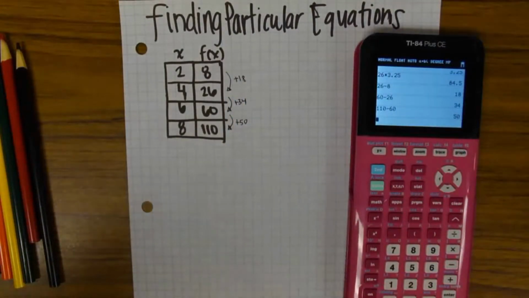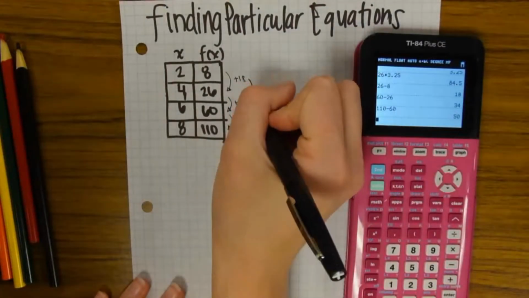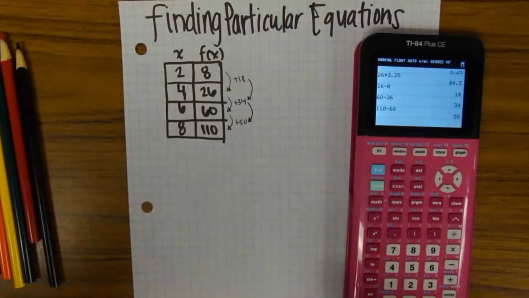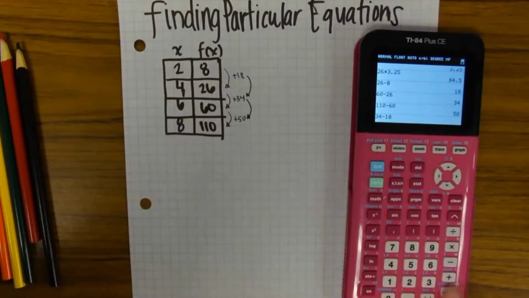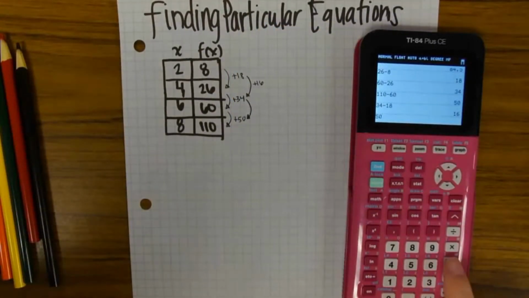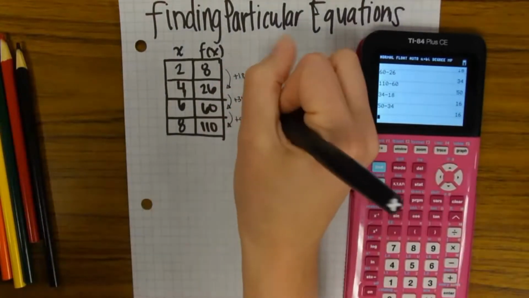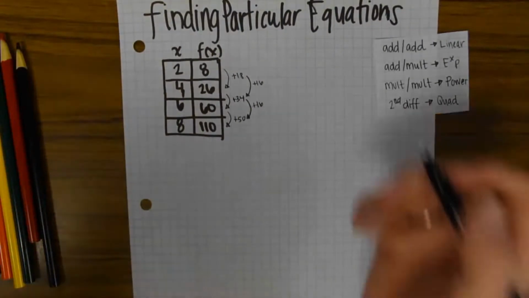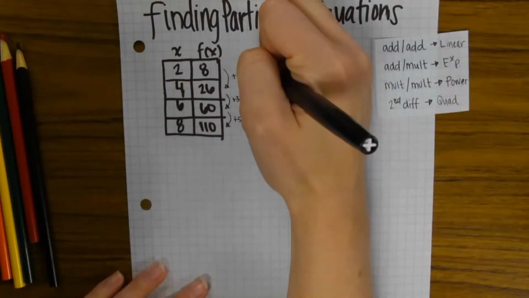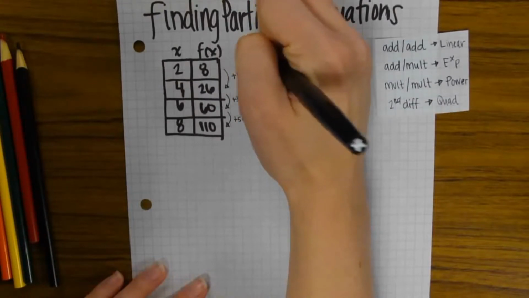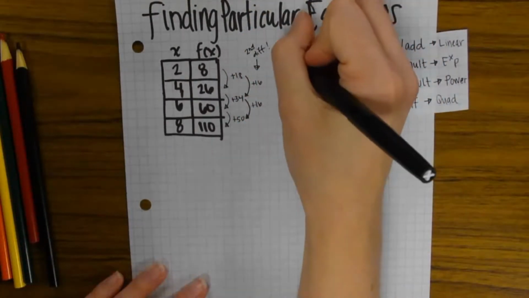If it was a second difference pattern, that means that now between here and here and here would be the same thing. So 34 minus 18, that's add 16. 50 minus 34, that's add 16. That's our second difference, and we have a constant second difference, and so that means this is going to be quadratic.